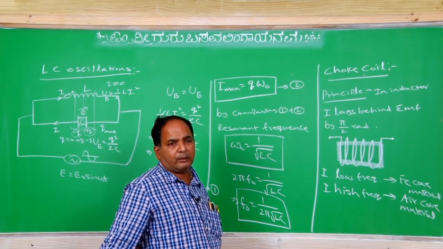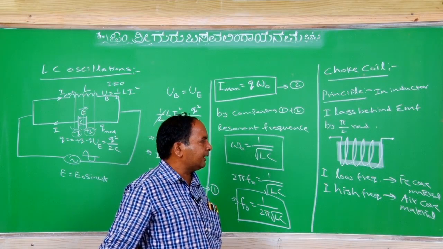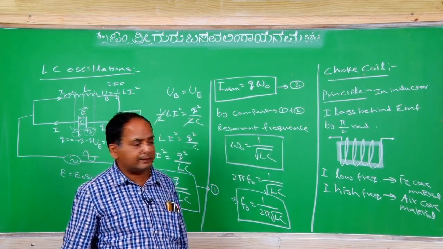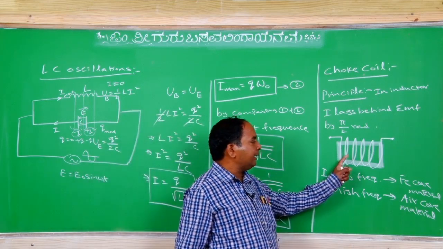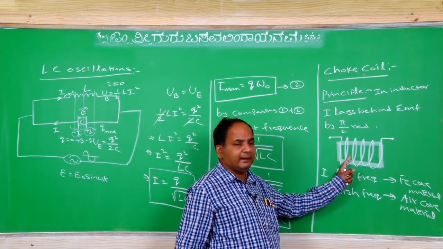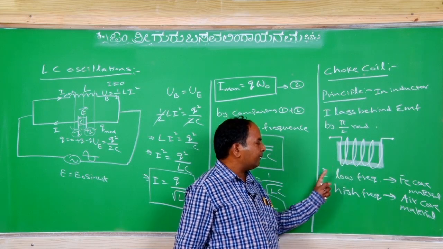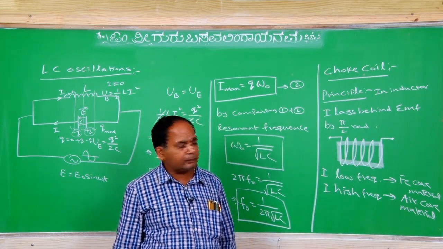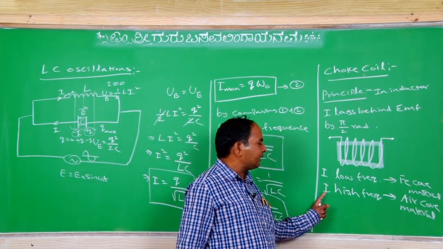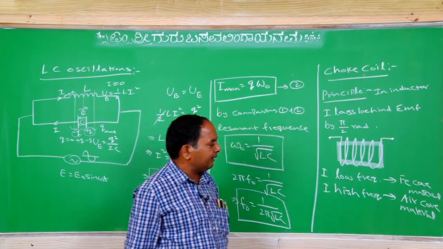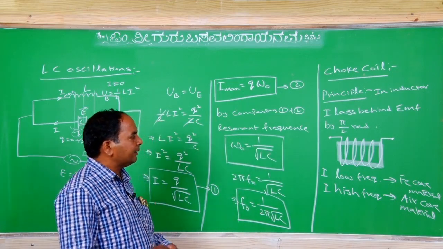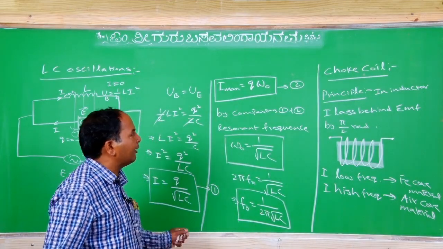If the core prevents those eddy currents, then the loss of heat energy will be less. So the main important thing is the core material. If the current is of low frequency, iron is used as core material. If the current is of high frequency, air is used as core material. Then the leakage of current will go away.